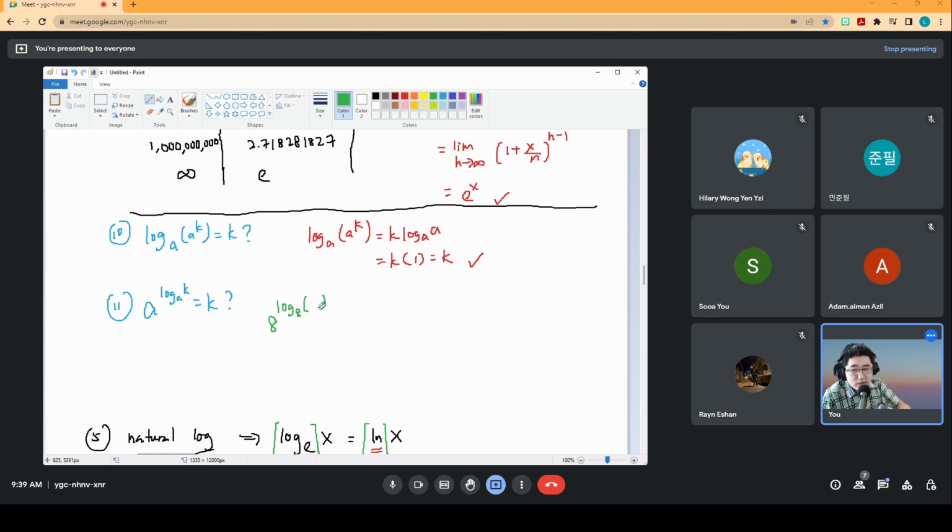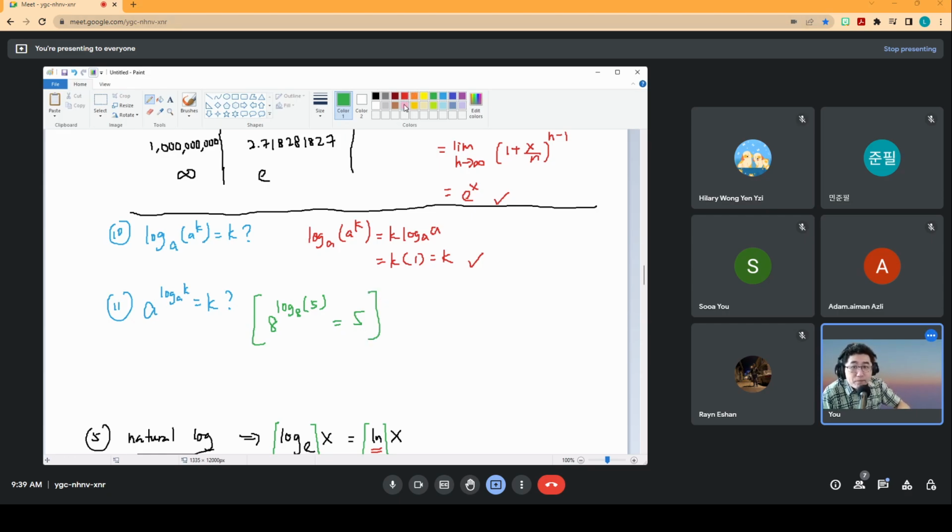You just replace this with any number, let's say 5. You press equals on the calculator, then you get 5. Do you manage to test it? So this rule is true. If you press the calculator, you know that this rule is true.